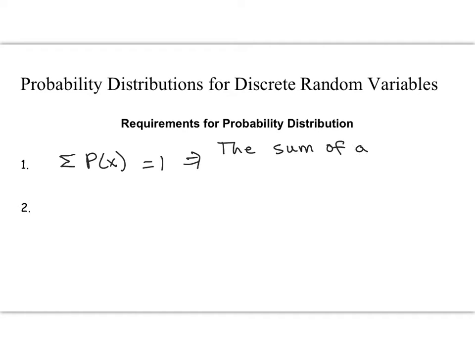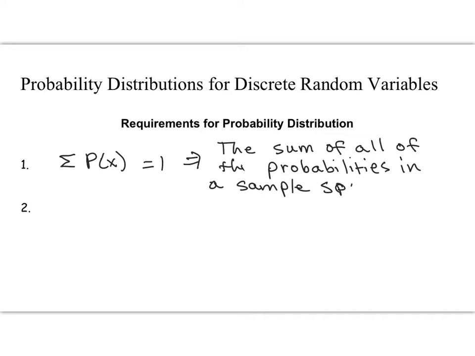The sum of all of the probabilities in a sample space must equal 1. Okay, so you can see this is a lot shorter to write.